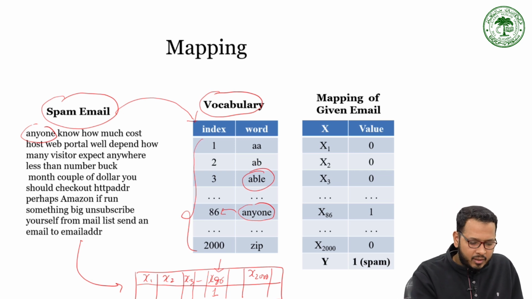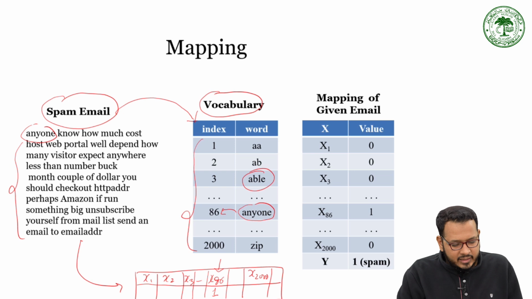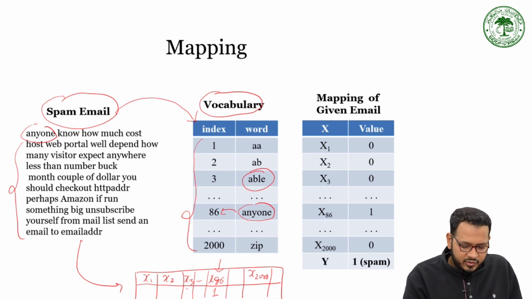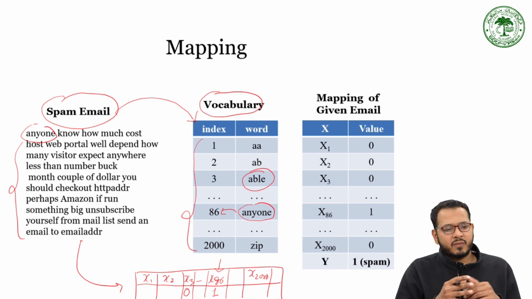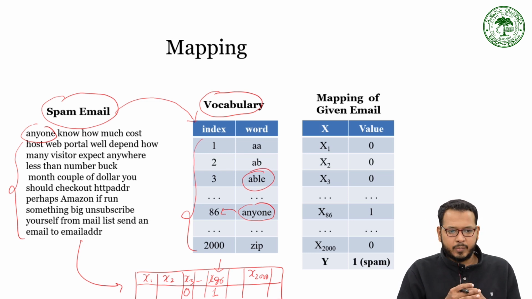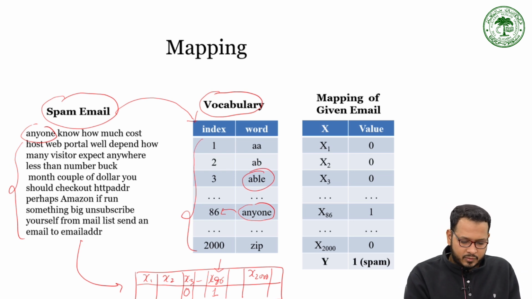We check whether our email contains the word able. Since it does not contain the word able, we put a 0 there, representing that the third word of the vocabulary, which is able, does not appear in this email. Let's also try zip.